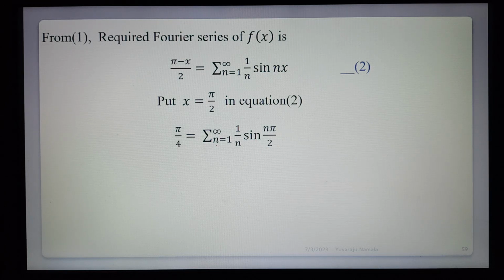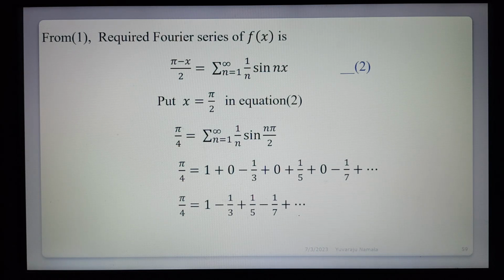Expanding the series: for n equal to 1, sin pi by 2 is 1; n equal to 2, sin pi is 0; n equal to 3 gives minus 1 by 3; then 0, plus 1 by 5, plus 0, minus 1 by 7, and so on. Hence the result: 5 by 4 is equal to 1 minus 1 by 3 plus 1 by 5 minus 1 by 7 plus and so on.